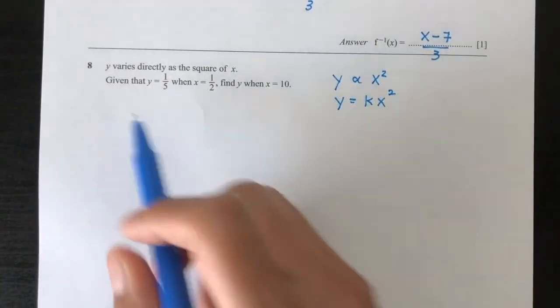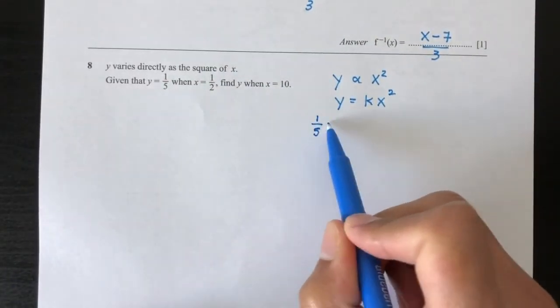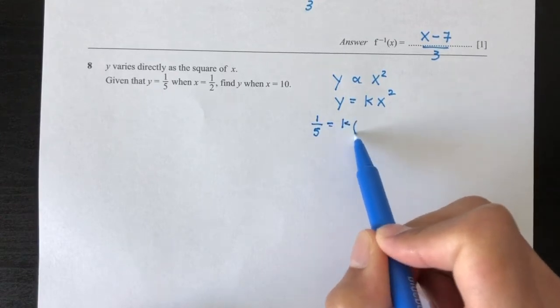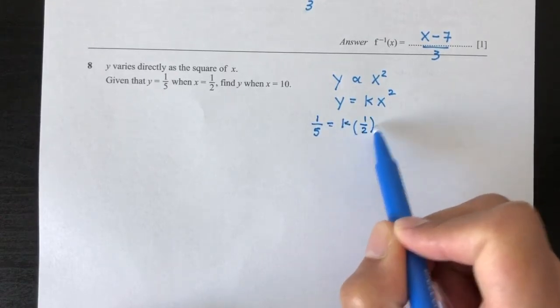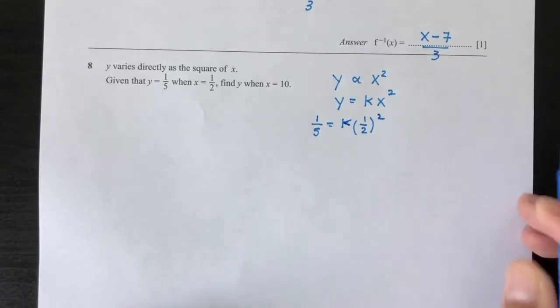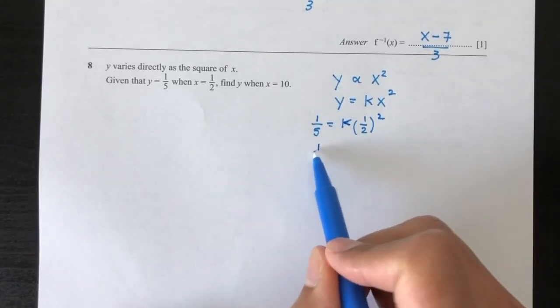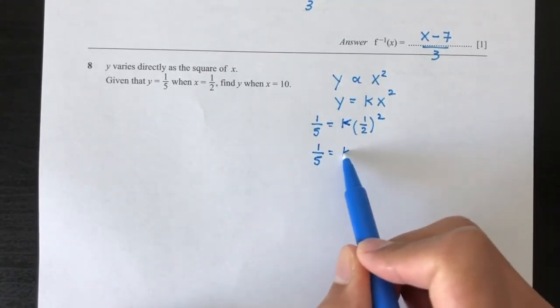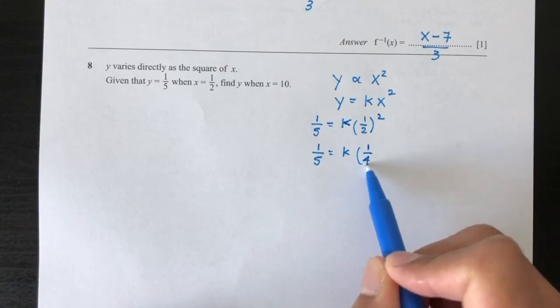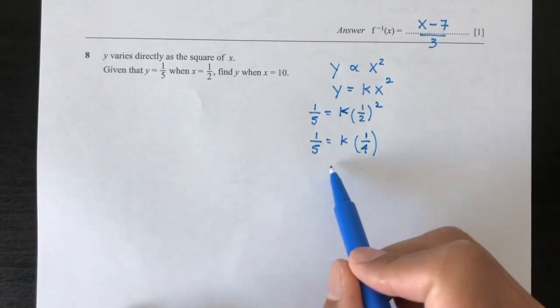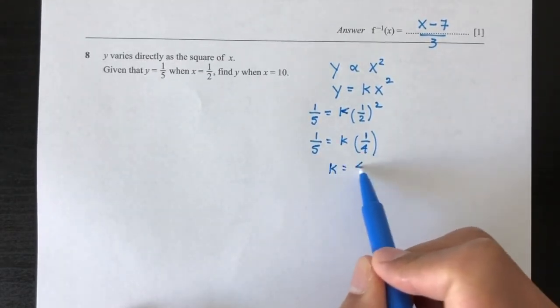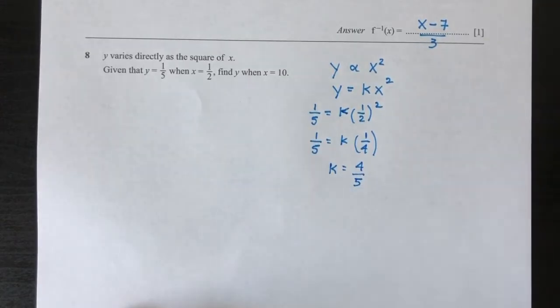When the value of y is 1 over 5, the value of x was half. So let's solve this to find k. This will give you 1 over 5 is equal to k times 1 over 4, and that will be k is 4 over 5.